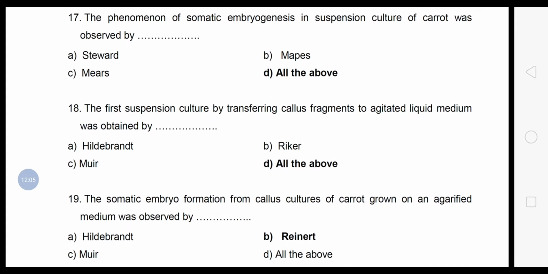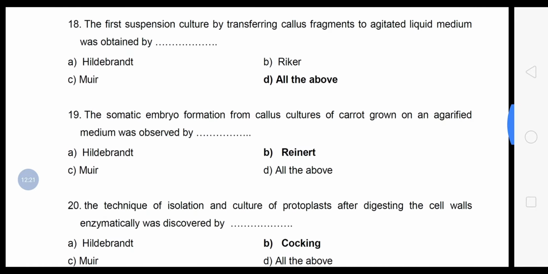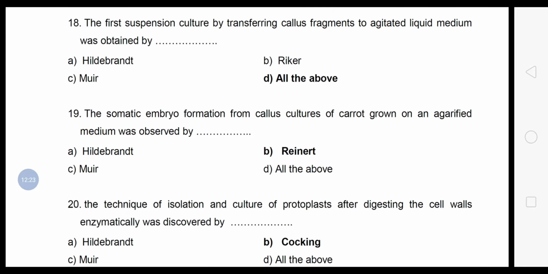The phenomenon of somatic embryogenesis in suspension culture of carrot was observed by Steward, Mapes, and Mears. The first suspension culture by transferring callus fragments to agitated liquid medium was obtained by Haberlandt, Hildebrandt, then Riker, and Muir.